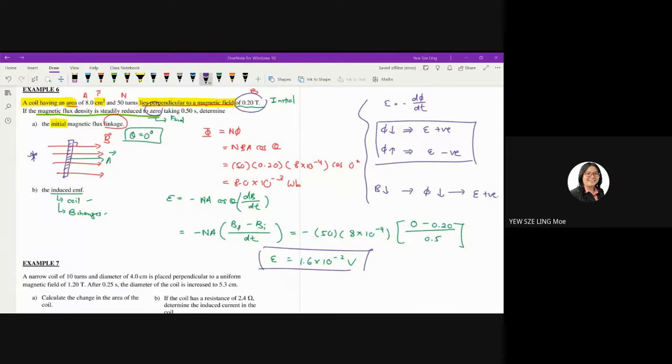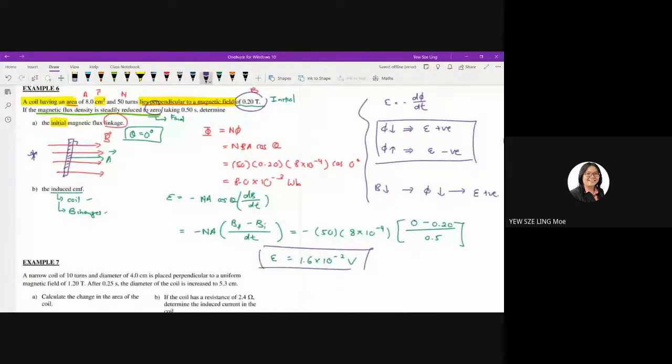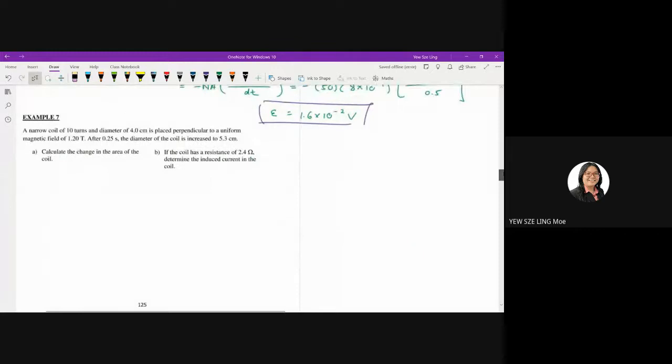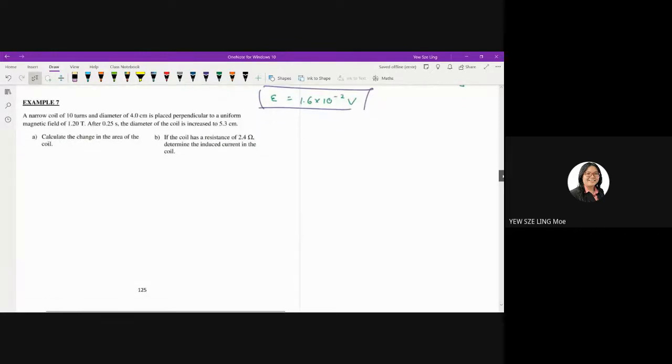All right, so now let's look at example 7. A narrow coil of 10 turns and a diameter of 4 cm. So again, you are given N, and then you are given a diameter.